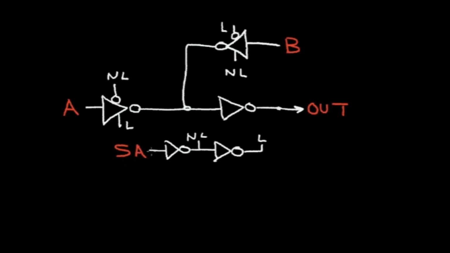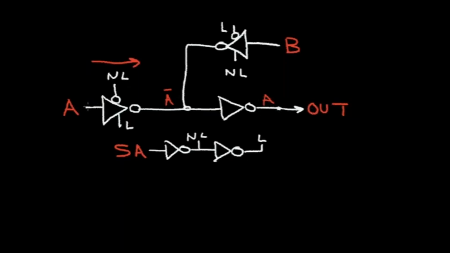So when SA is high, I'm going to select the A input. The B input will be cut off because the B input tri-state driver will be in the high Z mode. And the A will become inverted at this node and then turn back to A at this node.